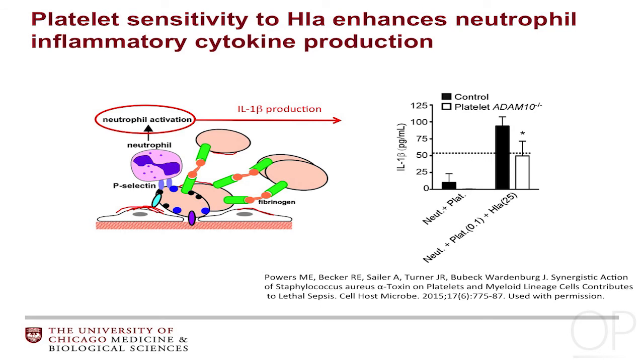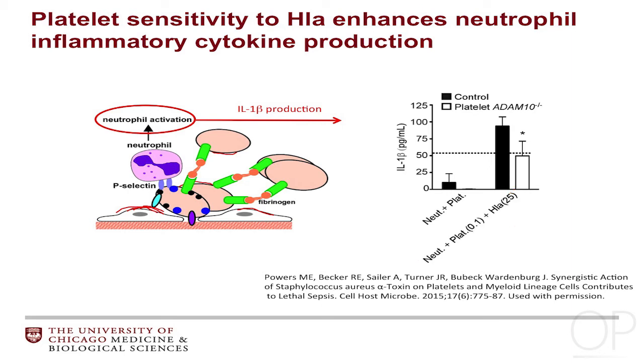So when we co-culture neutrophils and platelets alone, whether these are control platelets or ADAM10 knockout platelets, what we observe is that there's very limited inflammatory response that the neutrophils generate. However, in the right-hand side of this panel, when we culture control platelets in the context of neutrophils and in the presence of the active form of the toxin, we see a very robust IL-1 beta response.